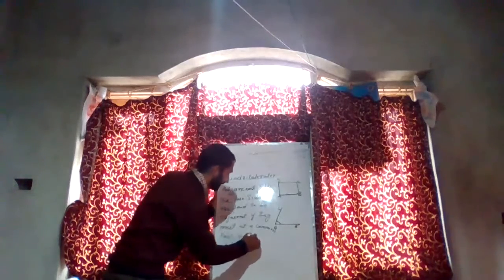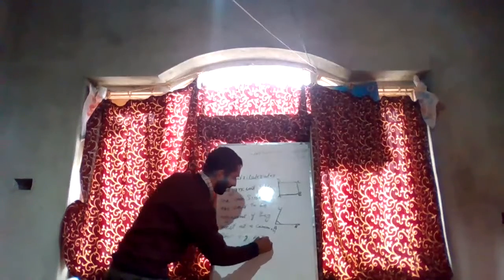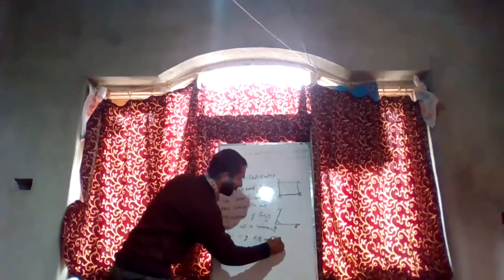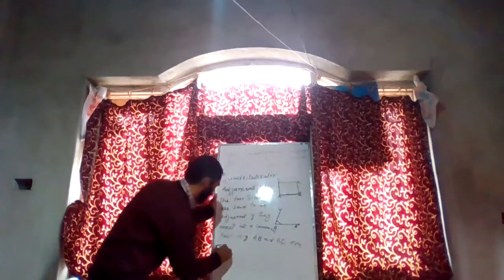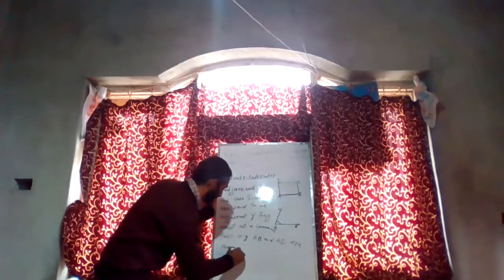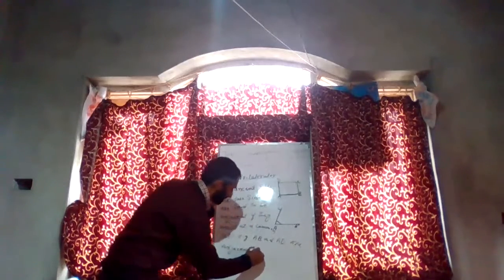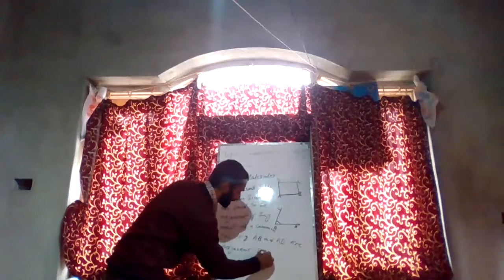For example, AB and AD are adjacent sides.